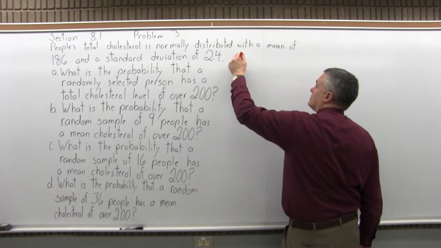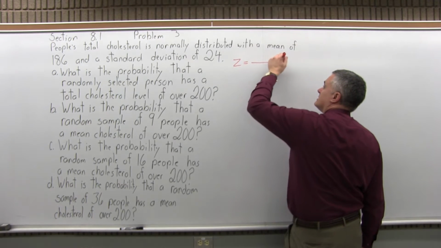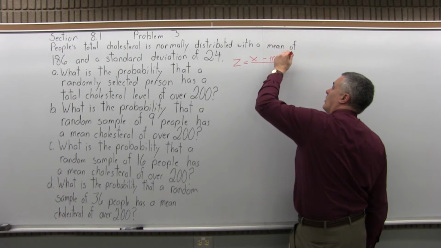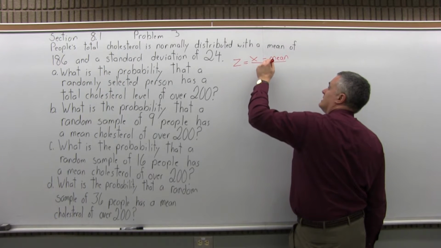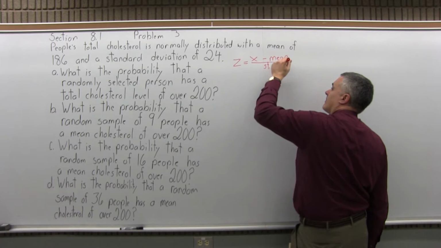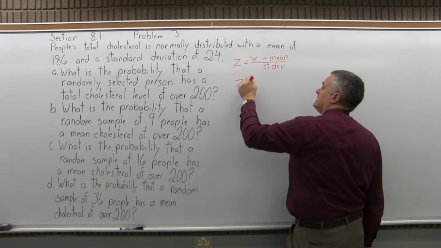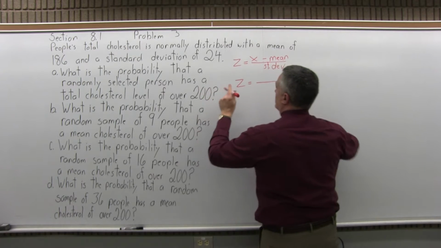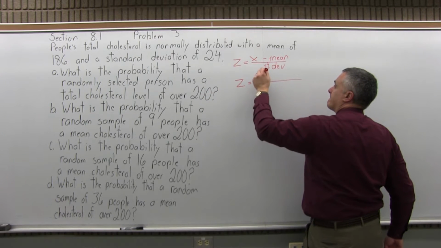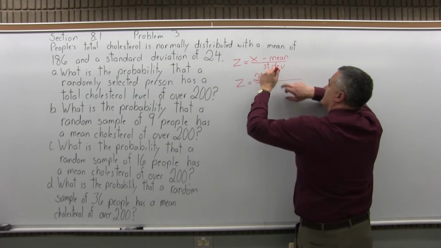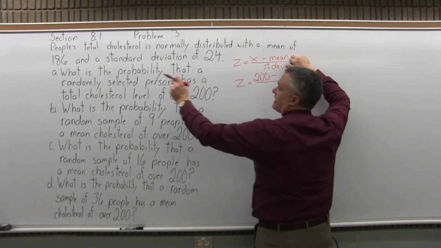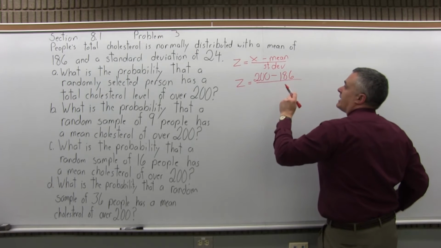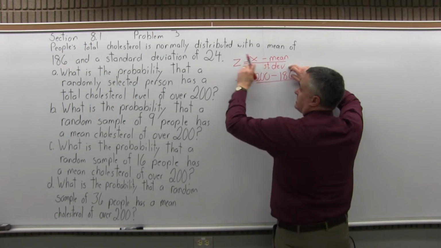So I want to do z equals x minus the mean over the standard deviation. So z equals x, the number we want to find the z-score for is 200, minus the mean or average value is 186, divided by the standard deviation.